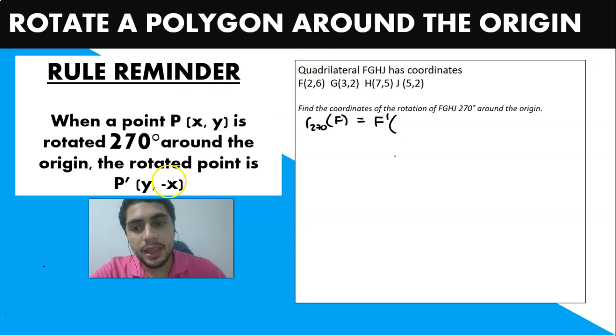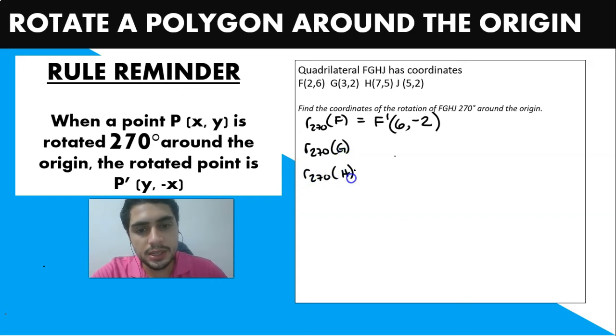Again, we're going to have y, which is 6, and then the value of y is going to be the negative of the value of x. So in this case, it's going to be negative 2. And we're going to do exactly the same thing for every single one of those vertices.